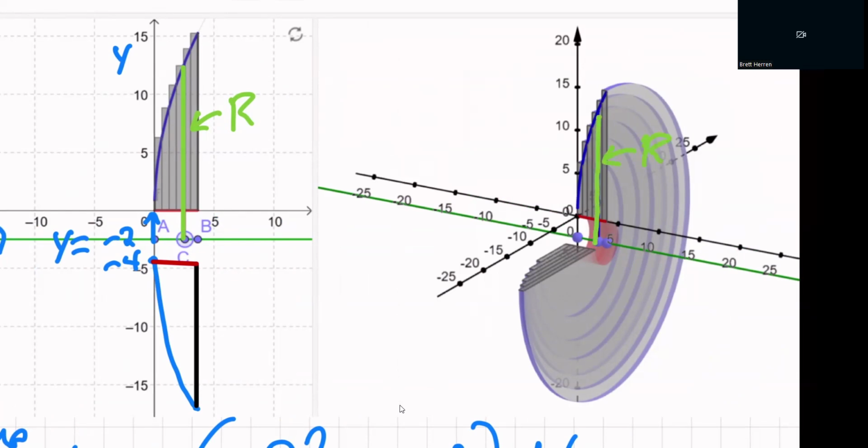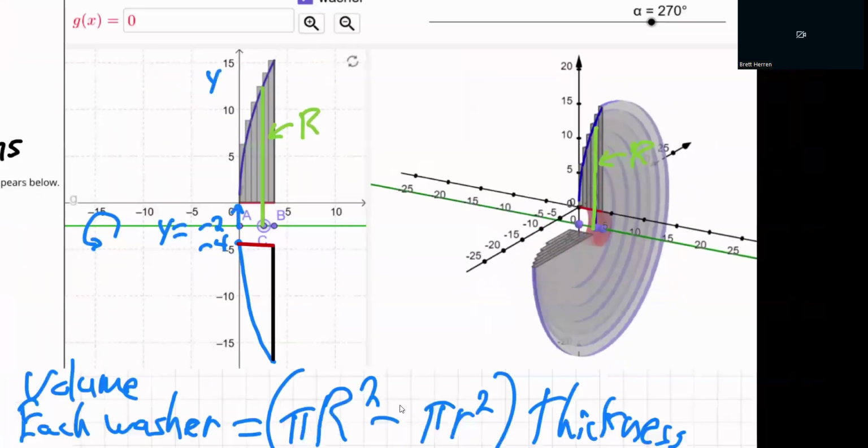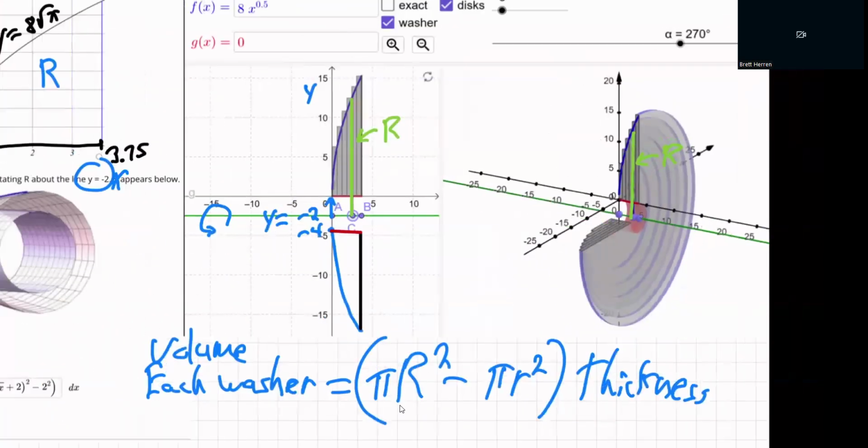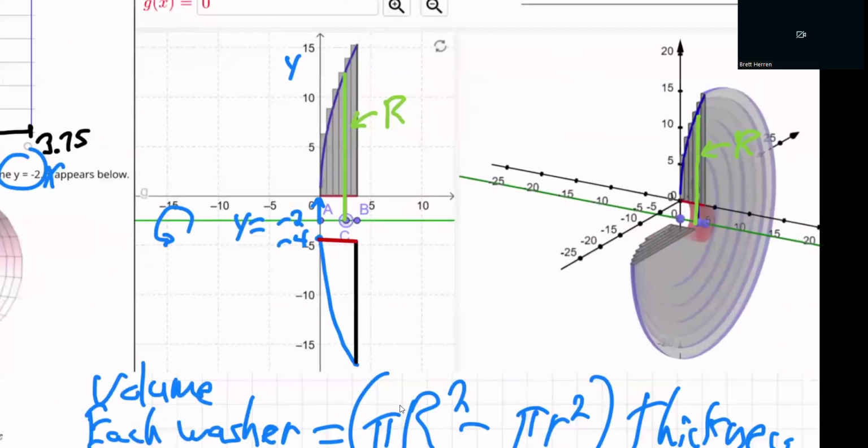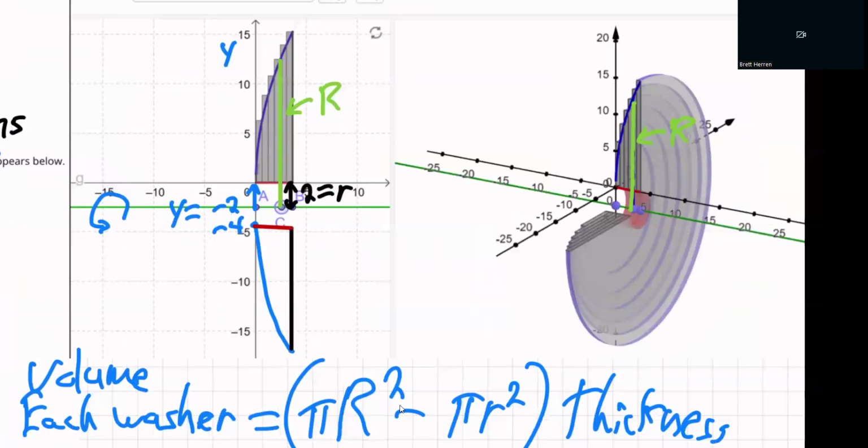That's the outer radius, isn't it? And so what is that? Well, that's a little tricky. Let's think about that carefully. This right here is 2. Oh, by the way, that's the inner radius. That's easy. Inner radius is 2. We can see that right here. Inner radius is 2 all the time. It's always 2.